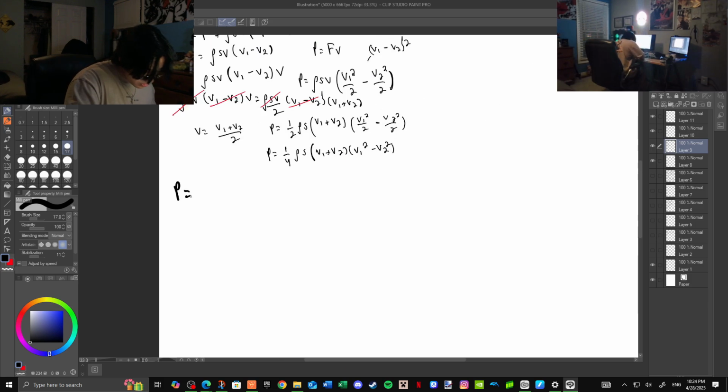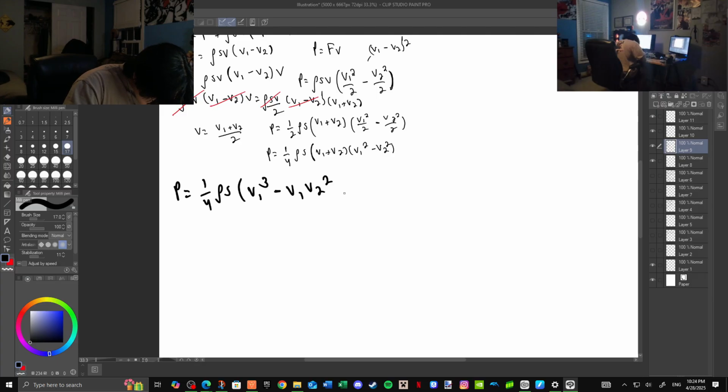P is equal to 1/4 rho S. We have V1 cubed minus V1 V2 squared, and then plus V1 squared V2, wait, no, wrong one.